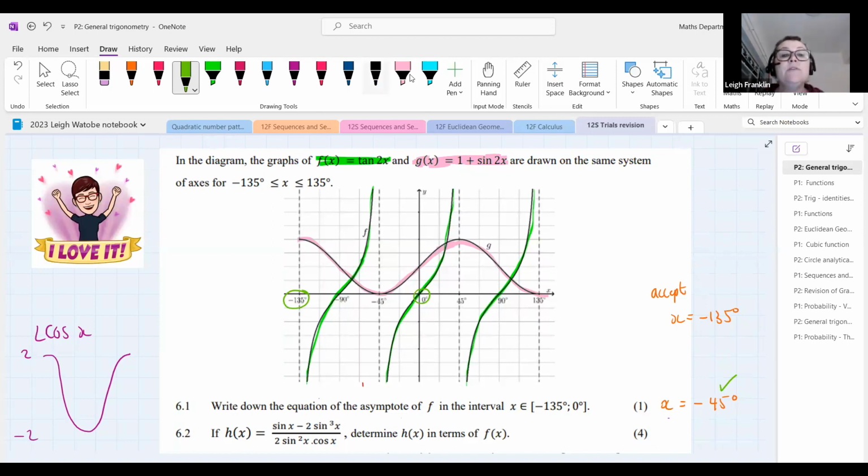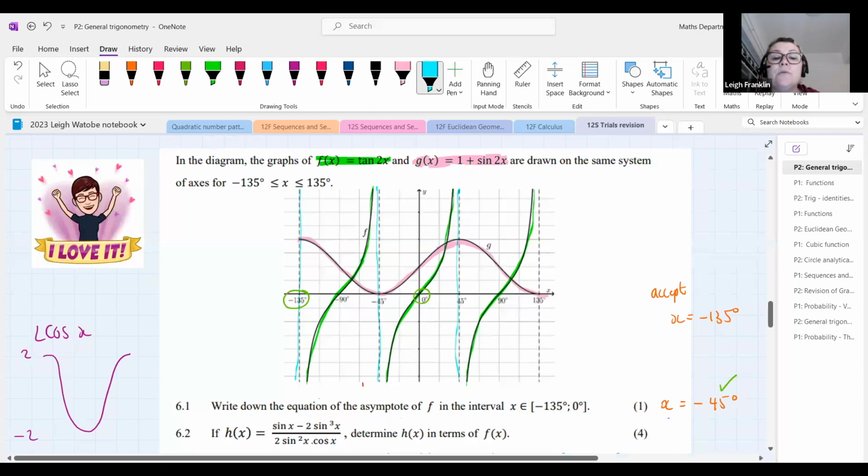So it's either this one here, or it has to be this one. Yes, the dotted lines, the asymptotes. I'll just put the asymptotes in blue. Because they're vertical lines, they take the form x equals.